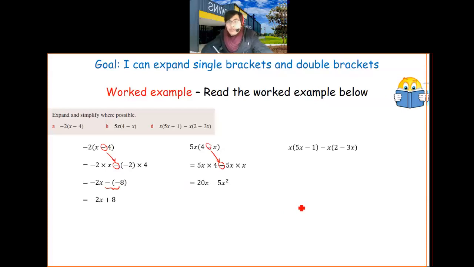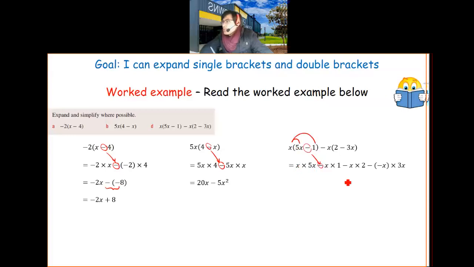And then finally, we've got x multiplied by 5x minus 1 in brackets, minus x multiplied by brackets 2 minus 3x close brackets. This last one is going to be a tricky one. So first, we're going to multiply this x here by the 5x and the x by the 1. So x times 5x, bring the minus sign down, then x times 1.